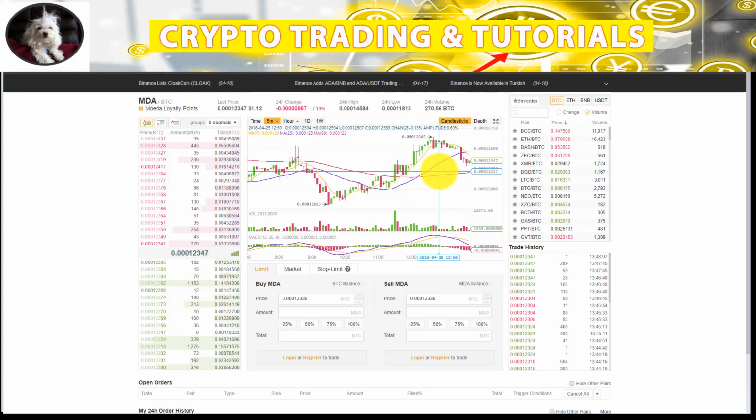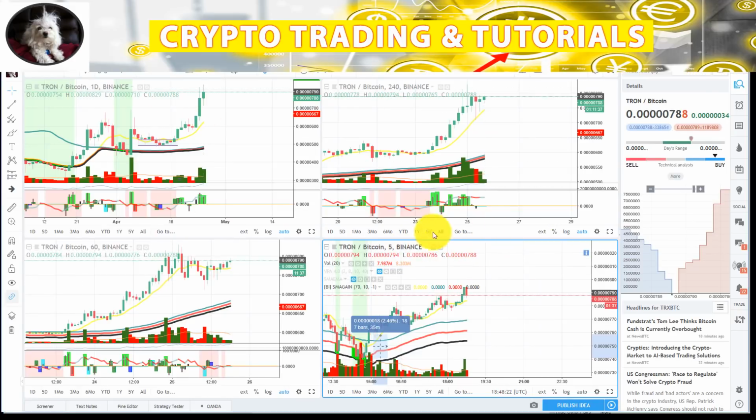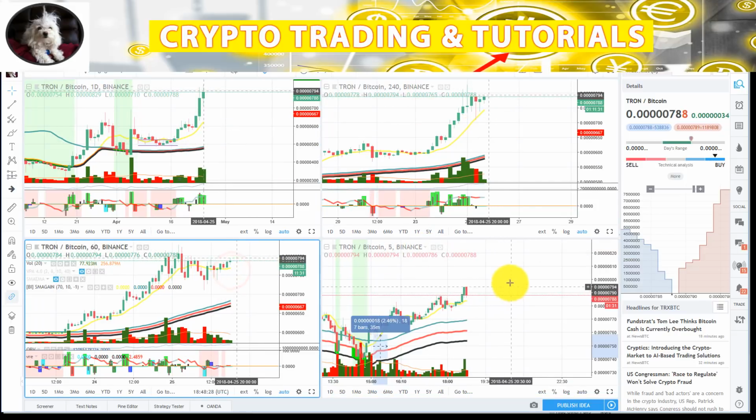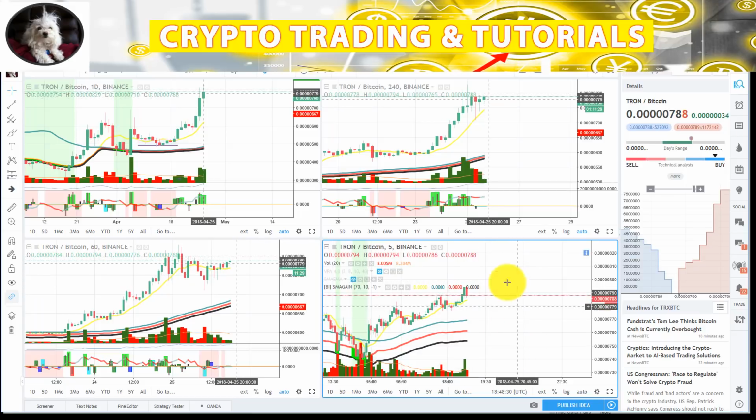I've got to enter the trade. There are two ways you can handle that. Number one, if you don't have time to look at that really quickly, then you've already missed the trade, okay? Number two, you can use a 4 chart setup like I do on TradingView. So right here, this is the daily, this is the 4 hour, this is the 1 hour, and this is the 5 minute. Pretty cool, huh?